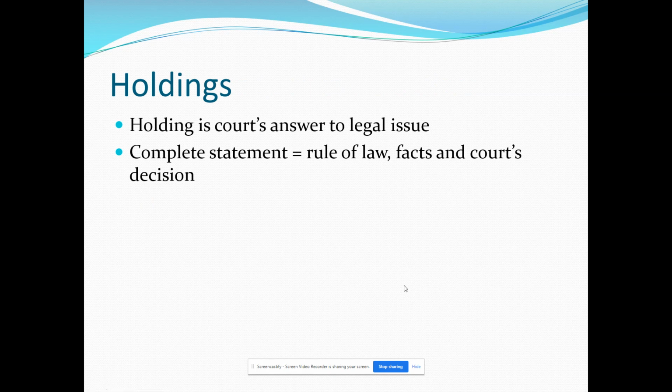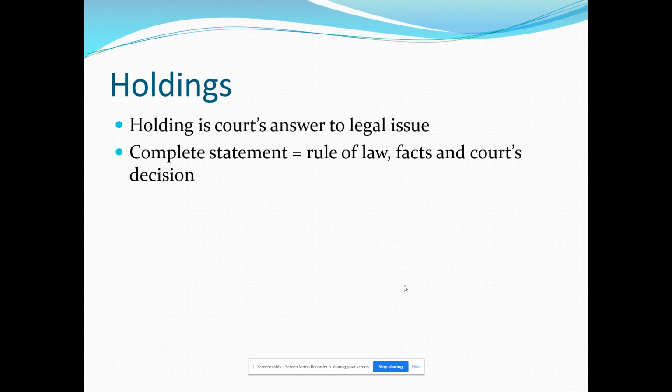Okay, the holding is the court's answer to the legal issue. When you're writing out your holding, you're going to say, yes, the court erred when it did blah, blah, blah. That would be the way to write it. So you have to have the same essential components that we had for a complete statement of a legal issue.